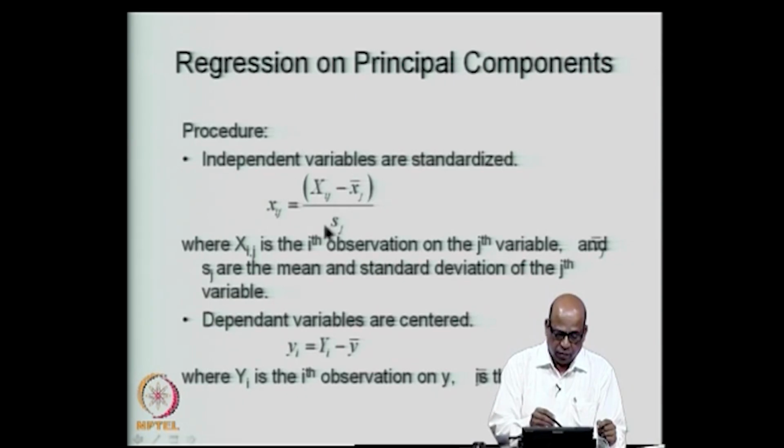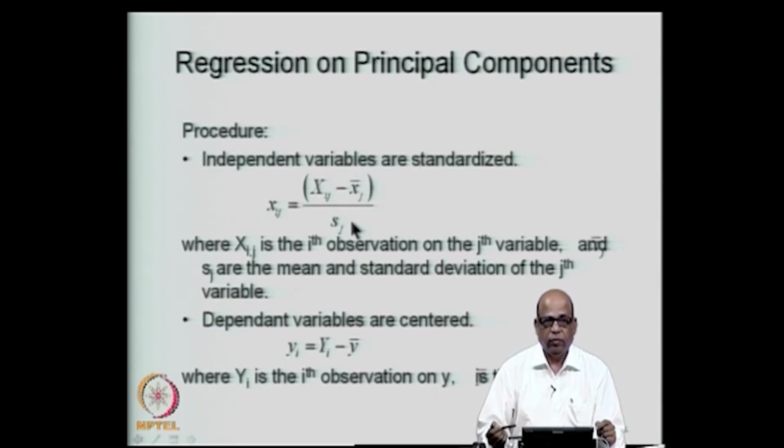The independent variables we standardize generally rather than just centering, because these independent variables may come with different units. Like I said, rainfall may be in depth units, soil moisture may be in percentage, area may be in area units and so on. So, to account for the different variables that come with different units, we standardize all of them. So, you are writing it as x i j minus x bar j over s j.